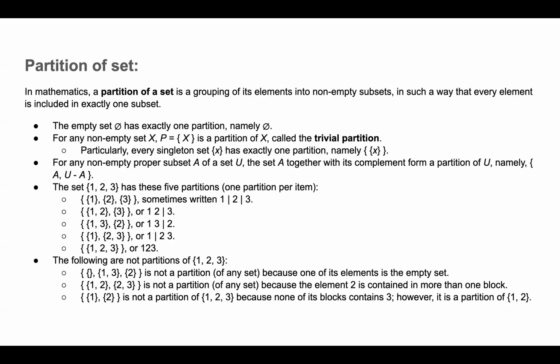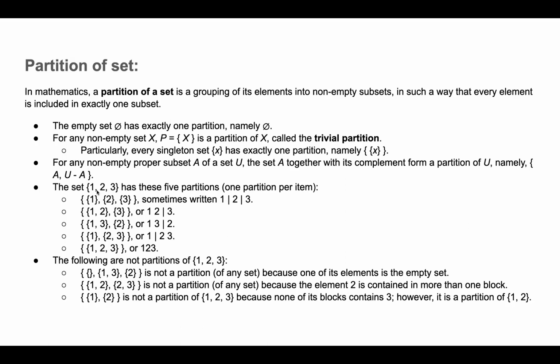So if we consider the universal set, two partitions will be there. One will be the set A itself and the other will be the part of the universal set except A, that is A comma U minus A.